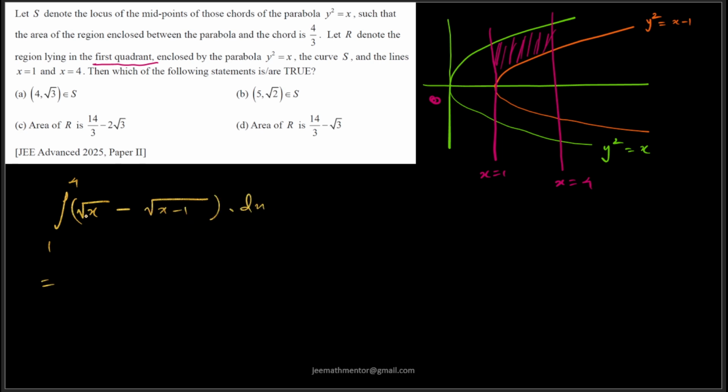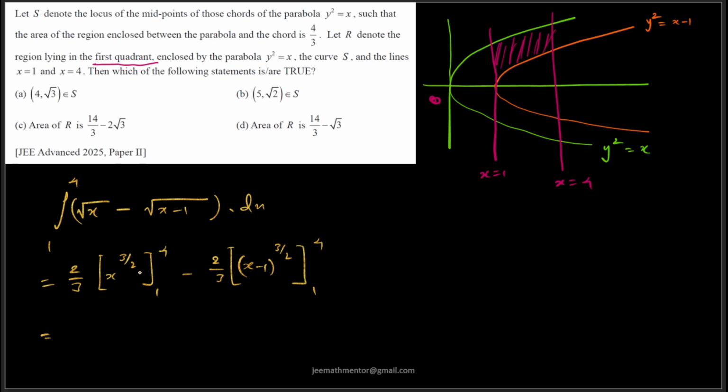The integration of root x is x power half plus 1, x power 3 by 2 divided by 3 by 2, that is 2 by 3, x power 3 by 2, within the limits 1 to 4, minus again 2 by 3, (x minus 1) power 3 by 2 within the limits 1 to 4.